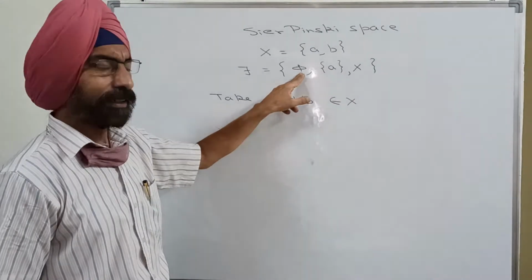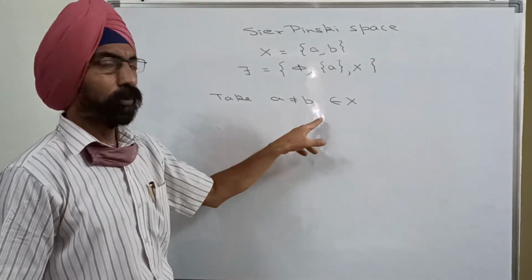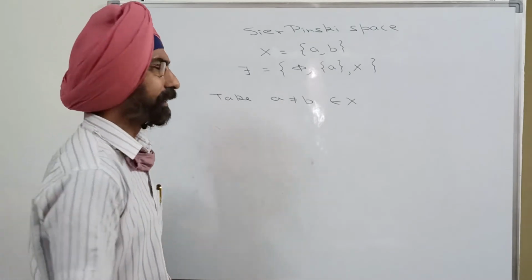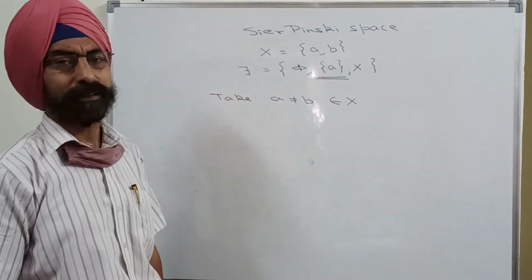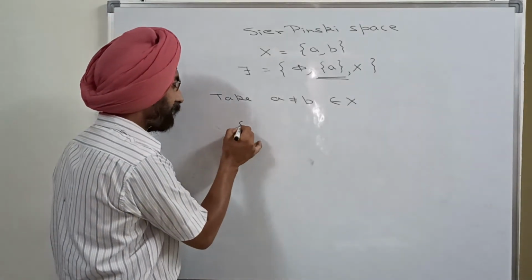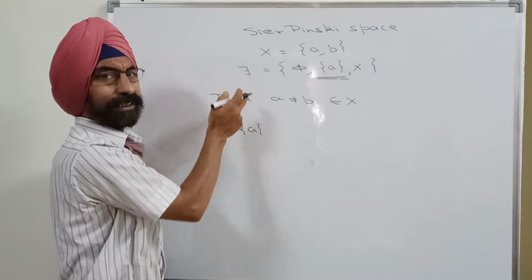The first one contains none of these. The third one contains both of these, but the required set is the second one. This set A, since it is a member of Tau, is an open set.